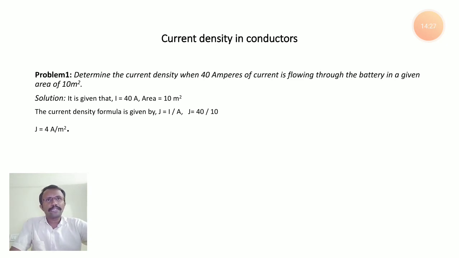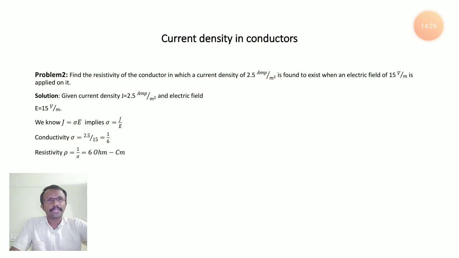Next we will see one more problem related to current density in conductors. Here they are asking you to calculate the resistivity of the conductor in which a current density of 2.5 amperes per meter square is found to exist when an electric field of 15 volts per meter is applied on it.